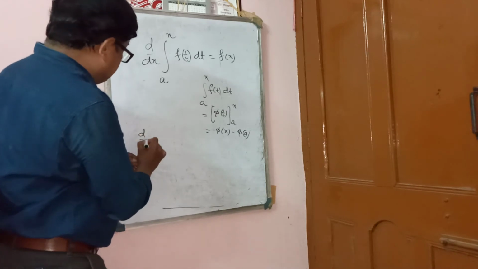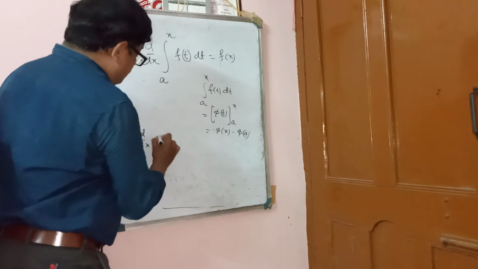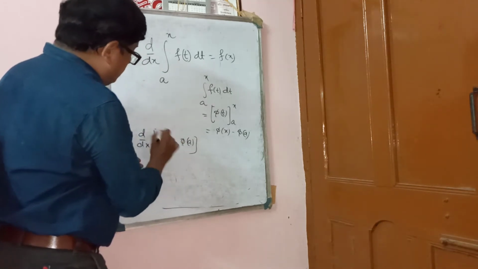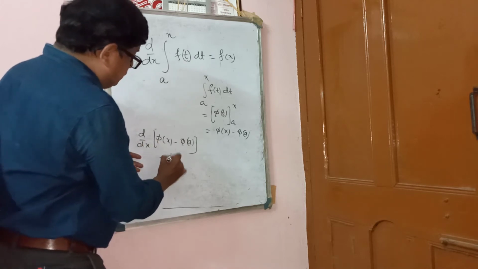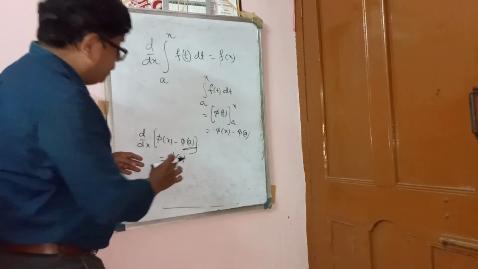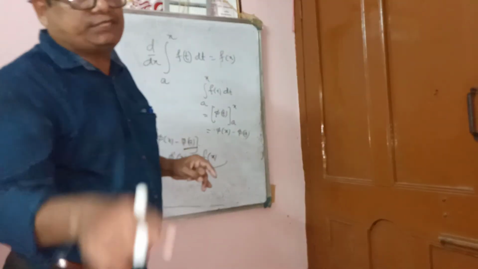Now d/dx of phi(x) minus phi(a): d/dx of phi(x) is phi dot x, and phi(a) is a constant, so its derivative is 0. Phi dot x we know is f(x), already discussed, no?